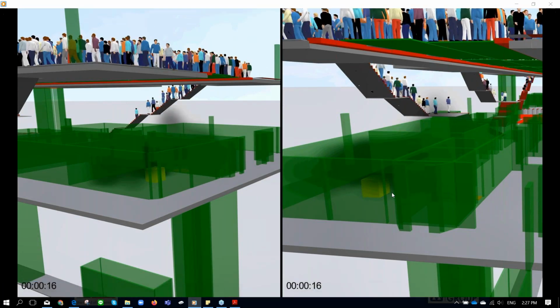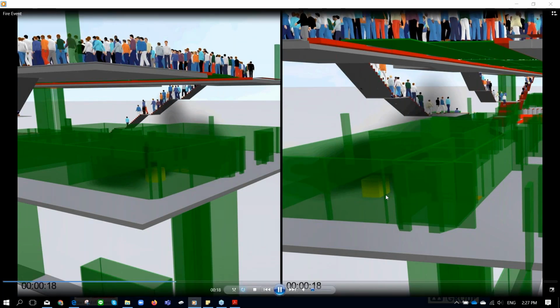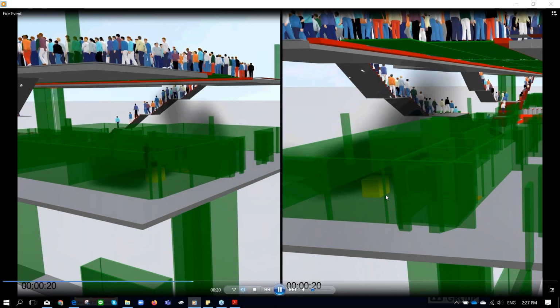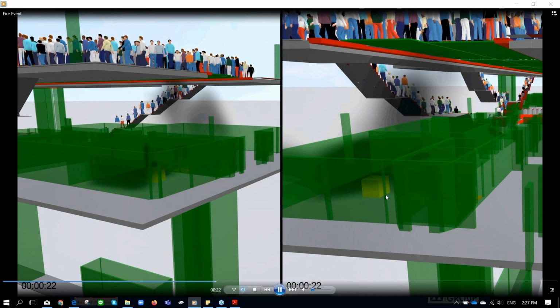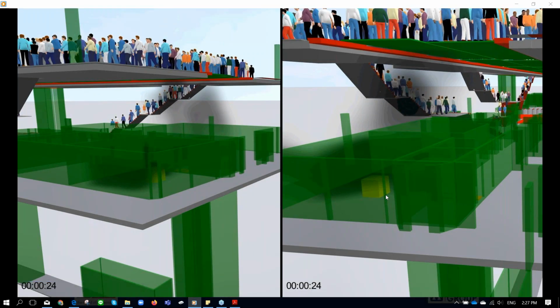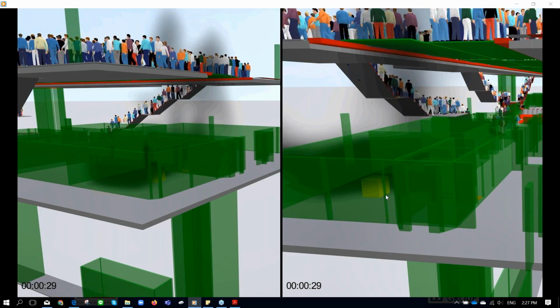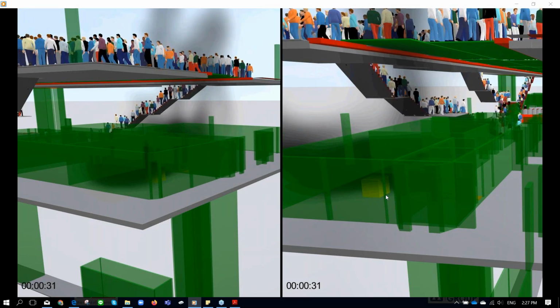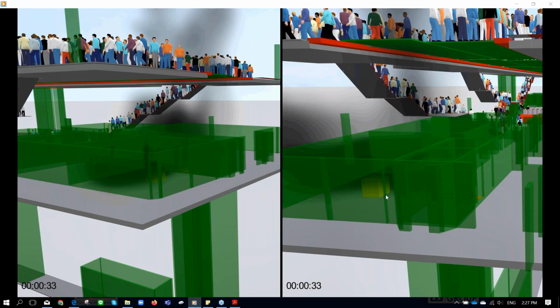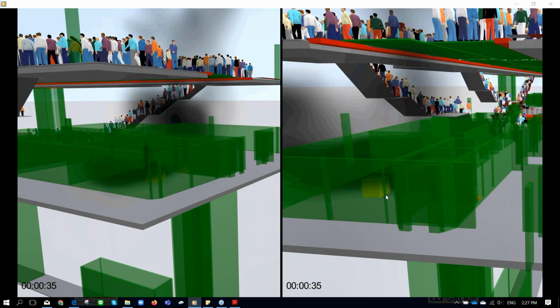So you can really see what would happen when it starts burning, whether the hot air and the smoke would affect the evacuation path and be harmful to our passengers.